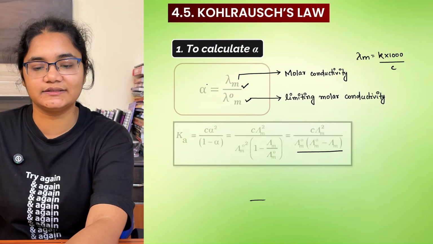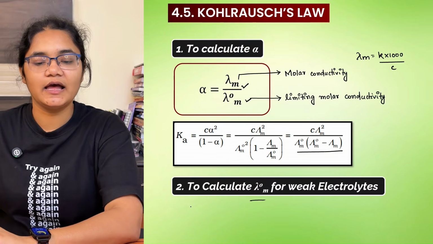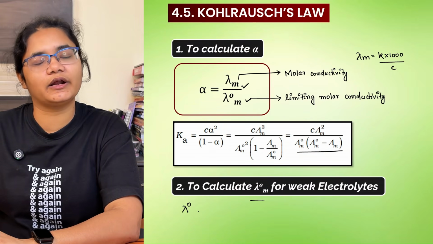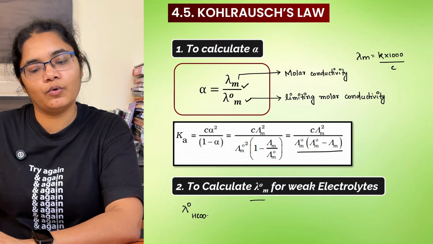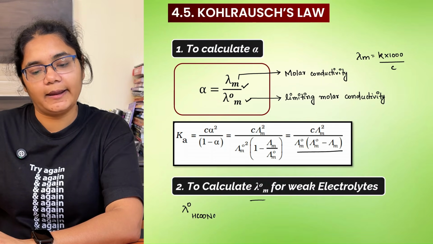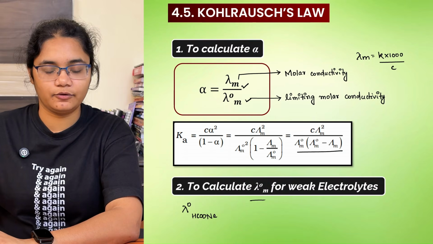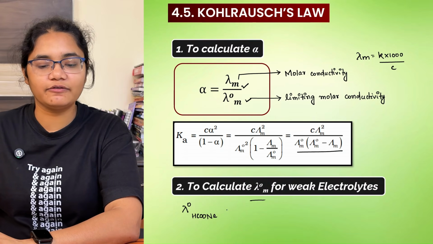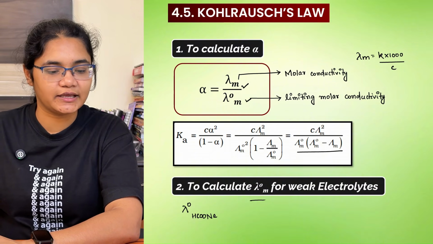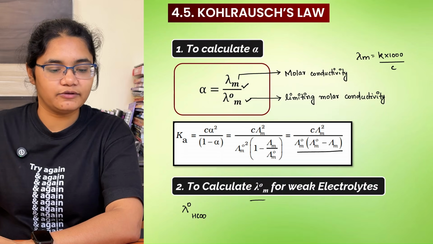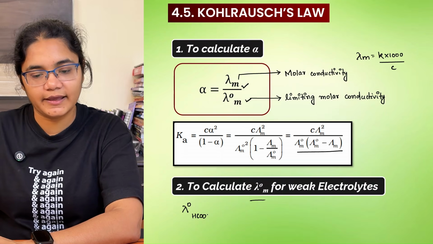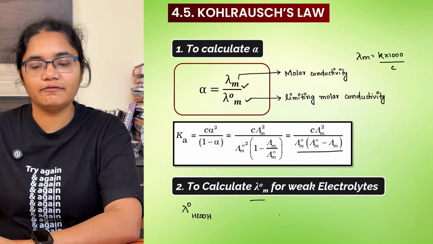I'll give you one example. Suppose I want to calculate the limiting molar conductivity of a weak electrolyte like HCOOH. I cannot find it directly. What values are given to me?